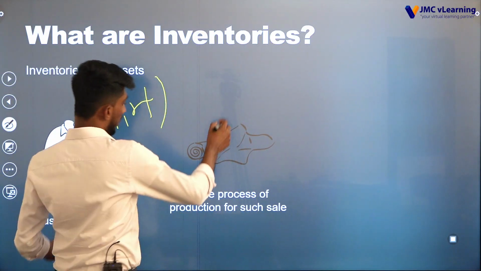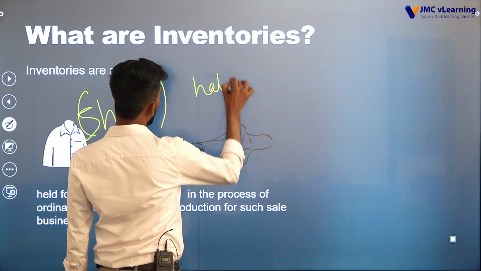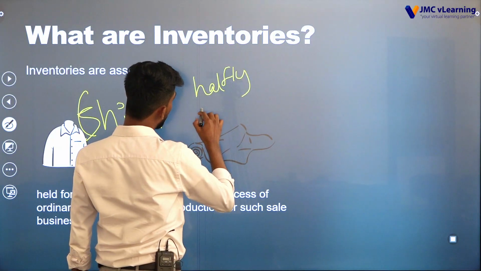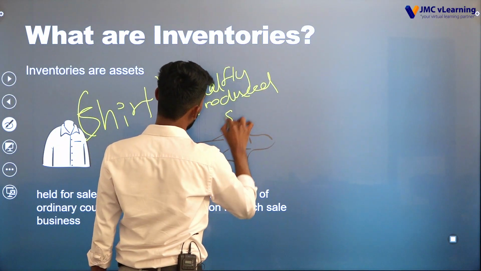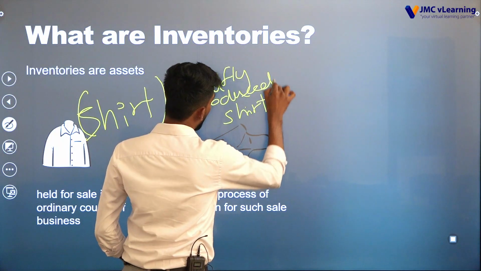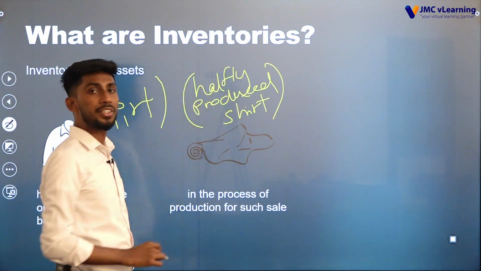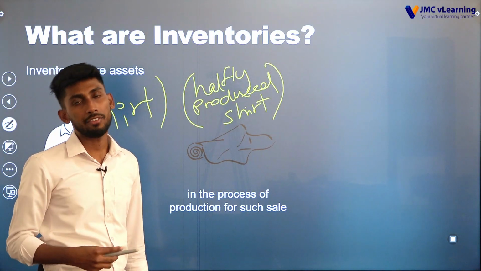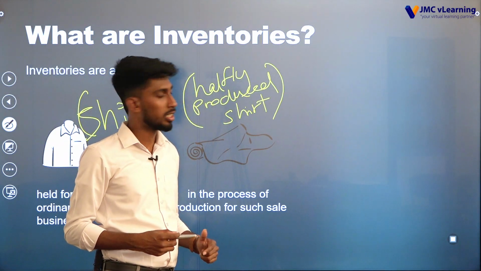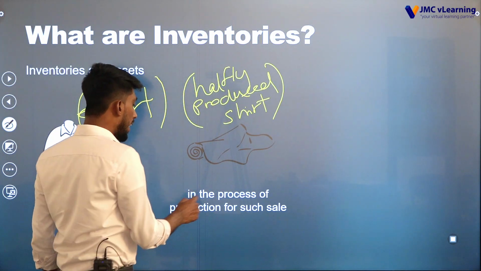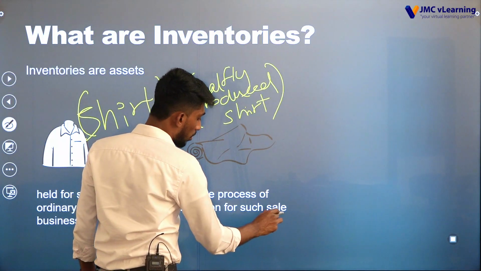So here, this is a half produced shirt. The works are not yet finished. So these are still half produced, and they are in the process of production for such sale.